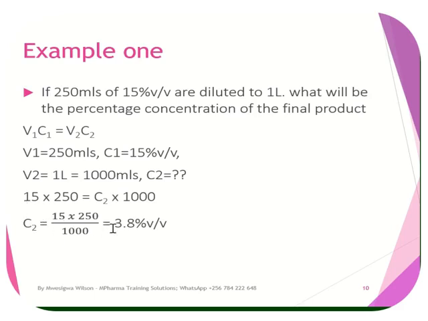So you just solve the equation and you get 3.8% weight per volume. If it is weight per volume, you have to give us the units, for easier to see what you are doing and understand what you are doing. So you can pause the video and try to calculate it yourself.